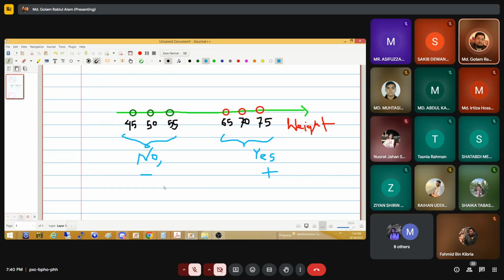If you want to build a model using this data set that can clearly identify which are the obese individuals and which are the not obese individuals, then if we train the model, as this is just one-dimensional, it will try to find a threshold.